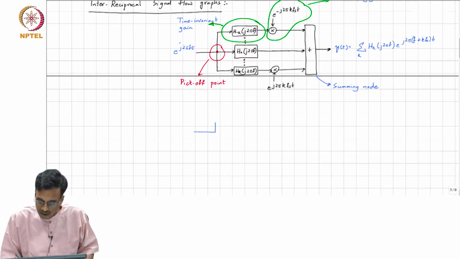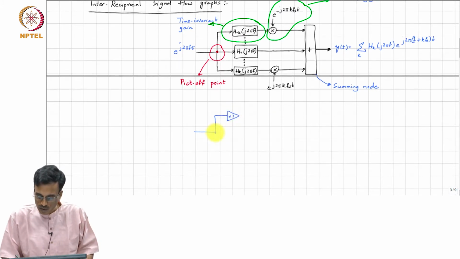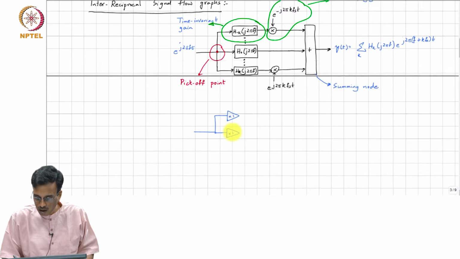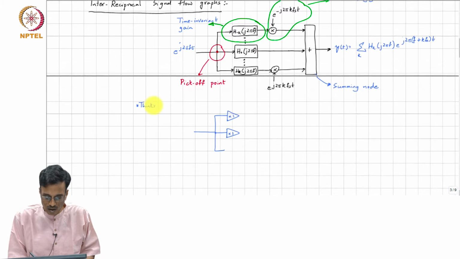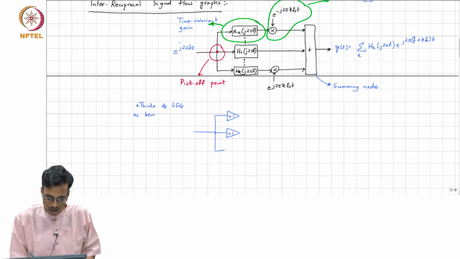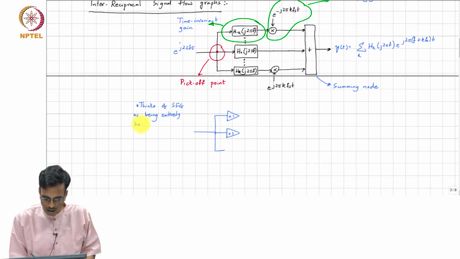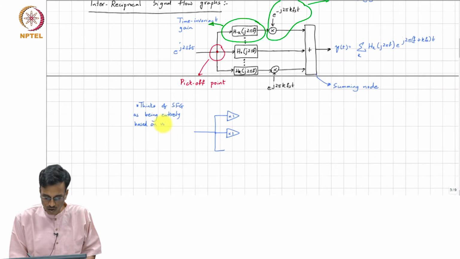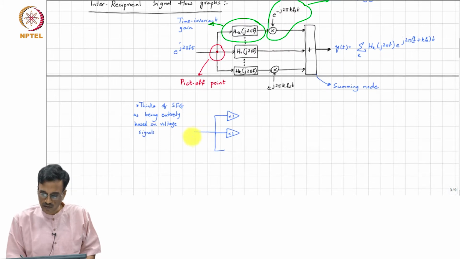You have 3 branches, and each one of them is a voltage controlled voltage source, based on voltage signals. So, this is e to the j 2 pi f t, and this is a VCVS with a gain 1.